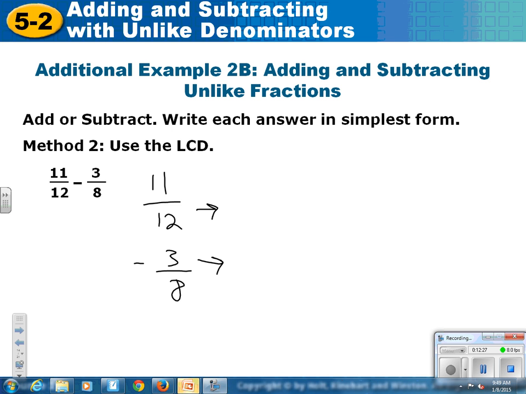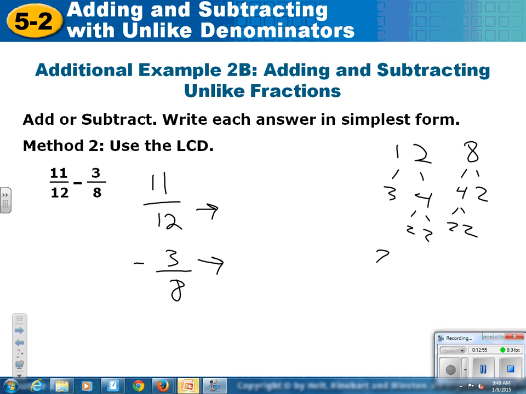Listen, if you guys, for some reason, struggle to figure out what the least common multiple is, do you remember from yesterday or the day before how to find it? Remember, all you got to do is this. 12 is 3 and 4, and then this is 2 and 2. 8 is 4 and 2, and 2, 2, 2.